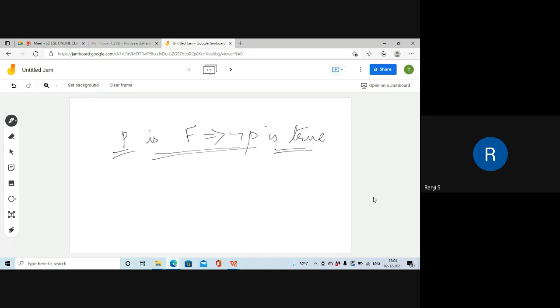Then number 16, number 24, number 27, 28, then 39, 40, 51, 59. Absentees. Okay, Ashwin. Ashwin present. Okay, thank you.